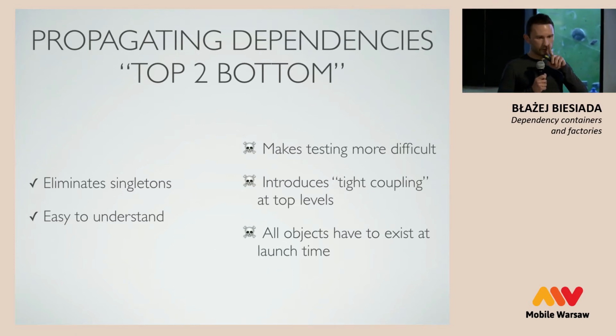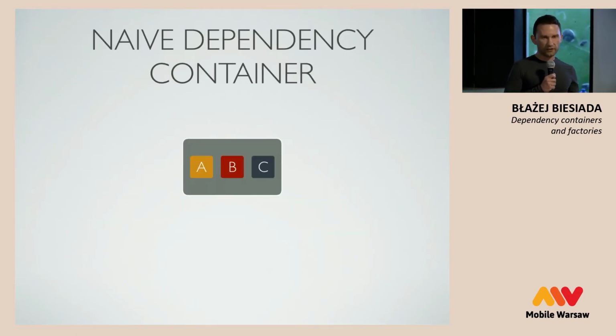Another one that I've seen, which I would say is slightly better, but still not ideal, is something I call a naive dependency container. This basically is like a class or struct which holds all the dependencies that you are using in your application.